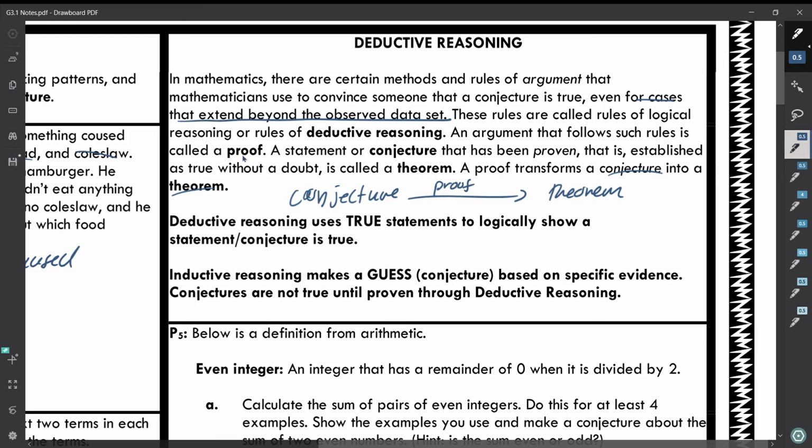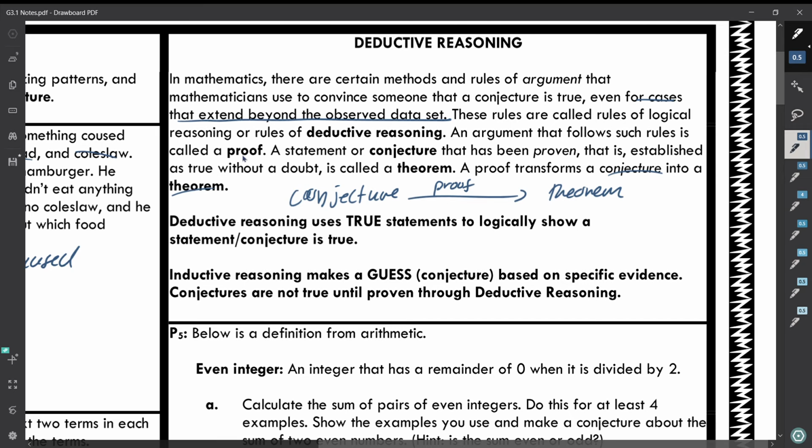Conjectures are not true until proven through deductive reasoning. So basically, inductive reasoning is kind of like a precursor to deductive reasoning. You observe some patterns, you make a guess or a conjecture, and then we start deductive reasoning to prove that this conjecture is true using statements that we know are true, like other theorems that we've previously proven that are true.